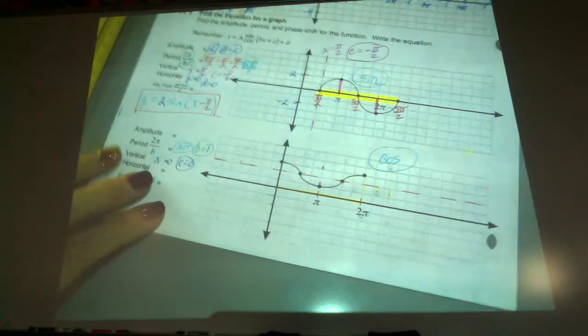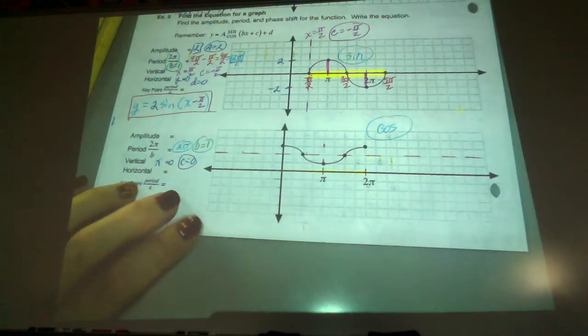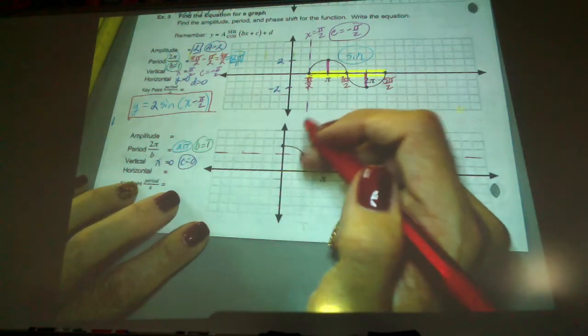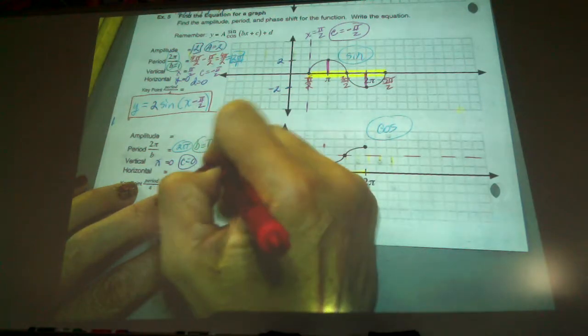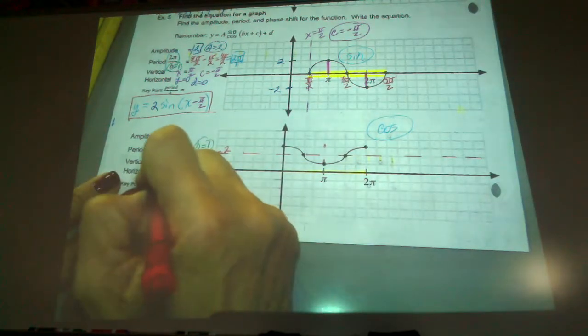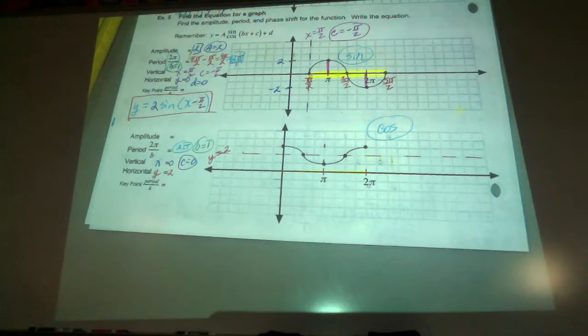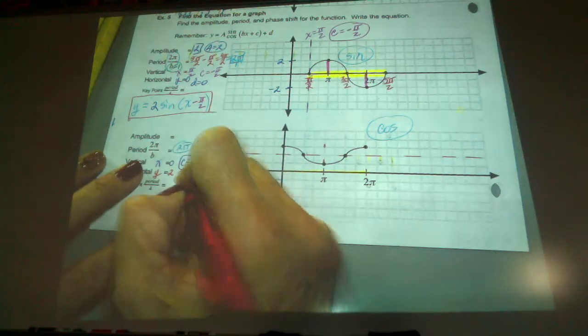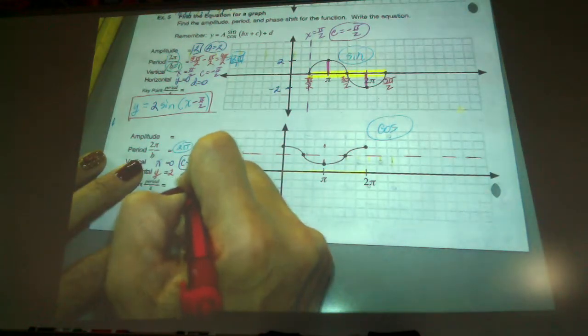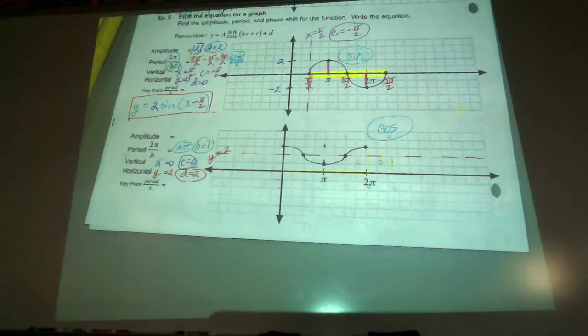What axis is that new 0 line going through? Y. So it's y equals 2. So that means our horizontal is now y equals 2. So what does that tell me about A, B, C, or D? D is positive 2. So it's outside the function, it's vertical, and it's the same sign. So D is positive 2.